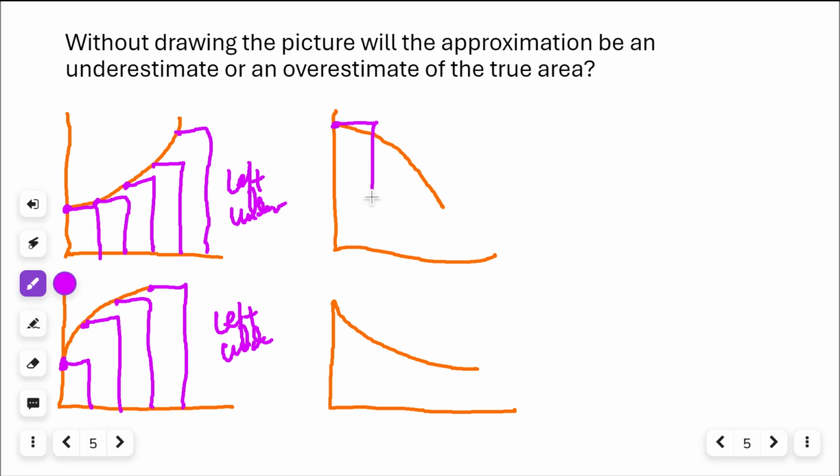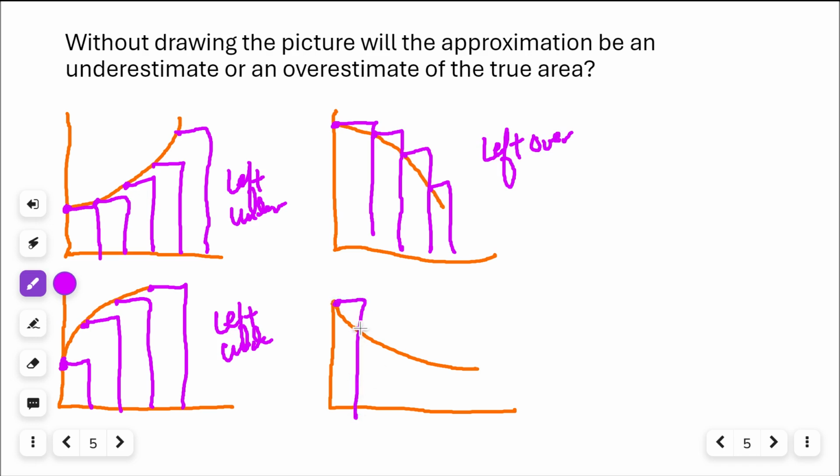Point here, crossing down. Point there, crossing down. Point there, crossing down. Point there, crossing down. Now it's over. The left is over here, definitely over.